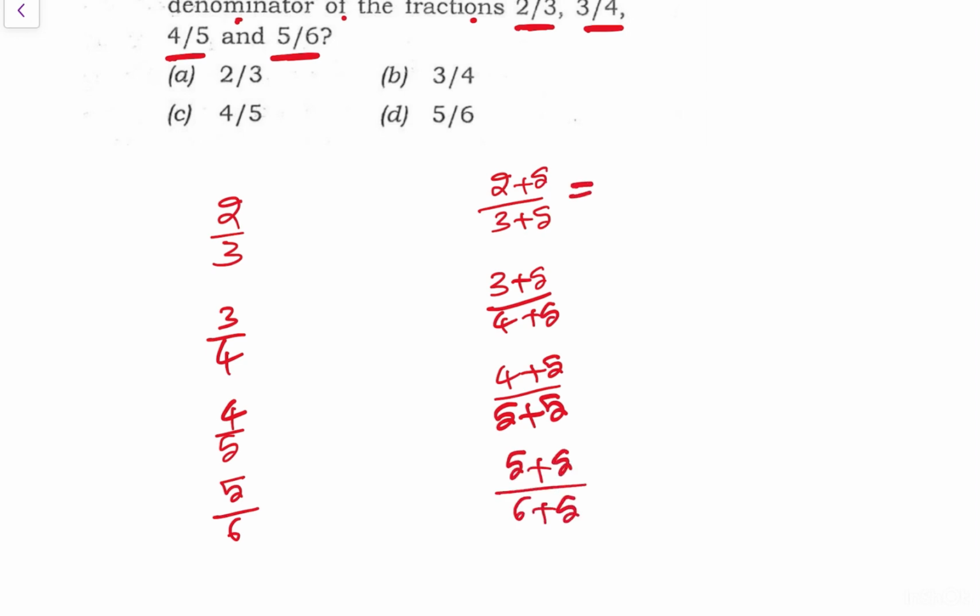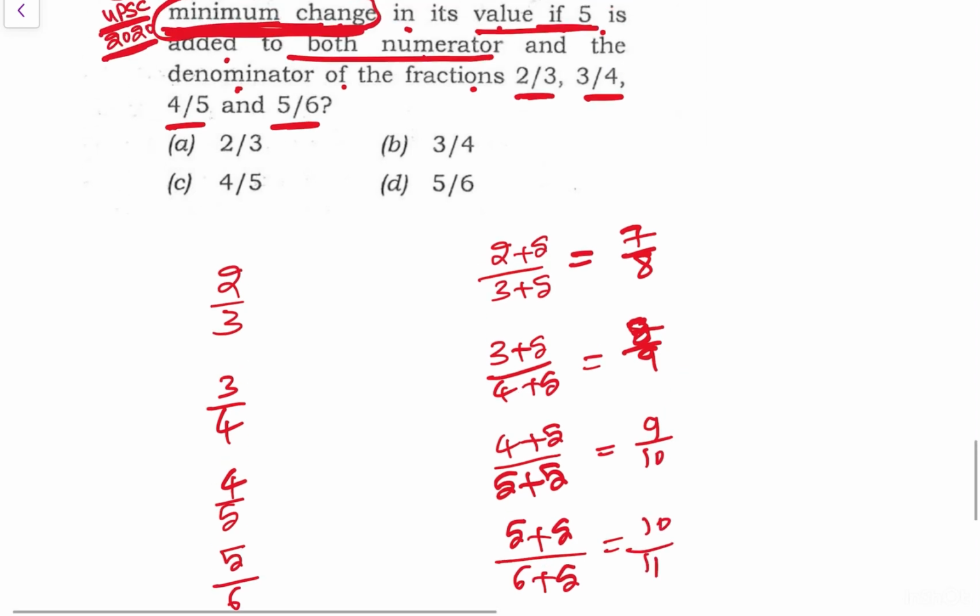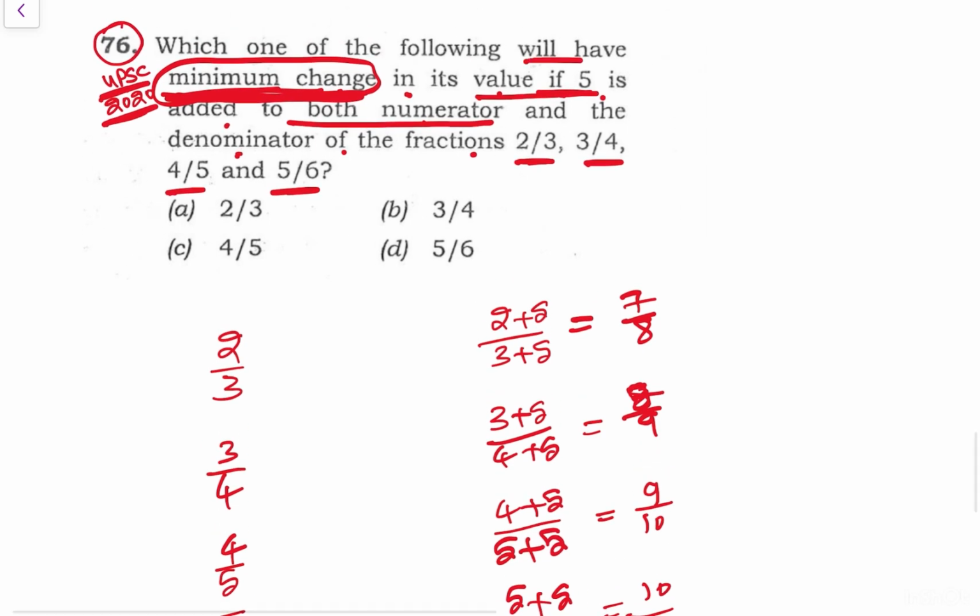So this comes out to be 7/8, sorry, 8/9 and 9/10 and 10/11. Okay, it is asking which will have minimum change in its value.